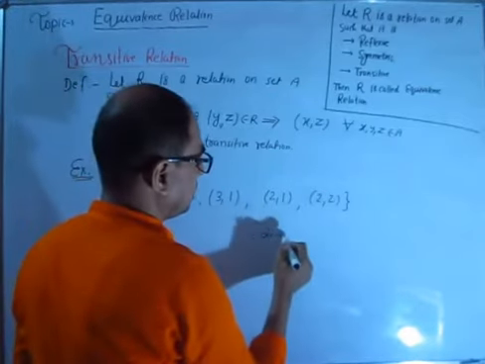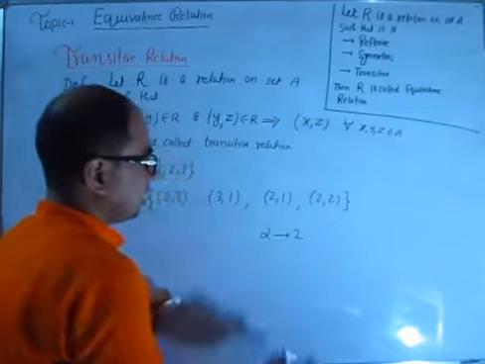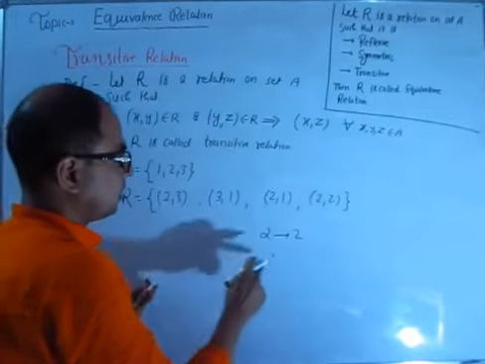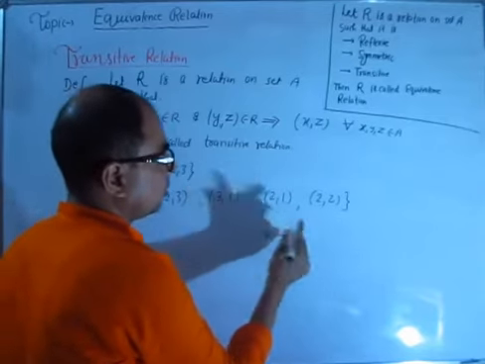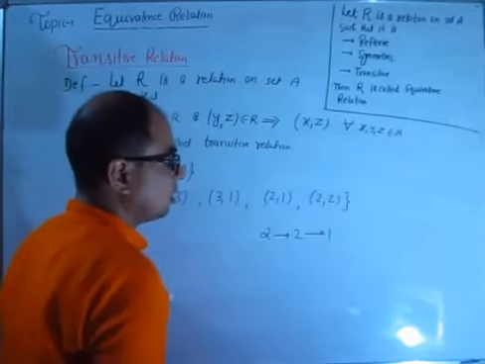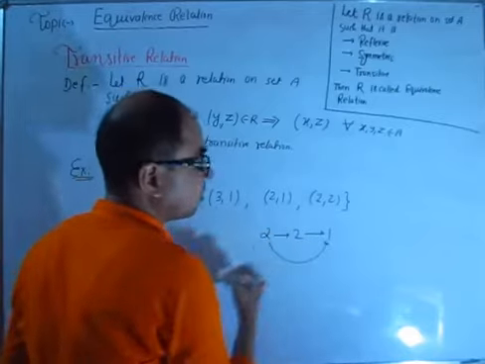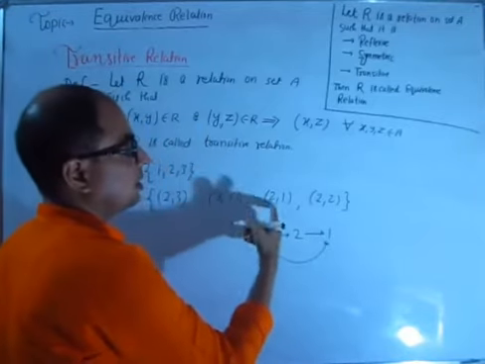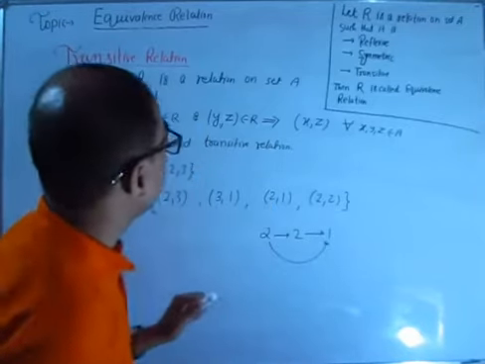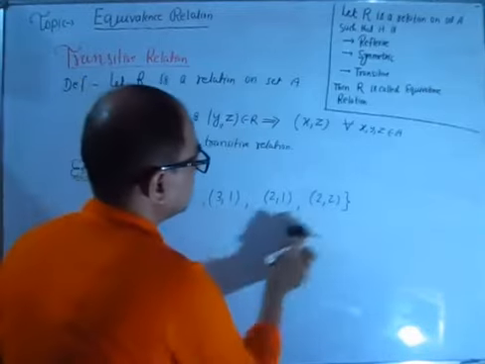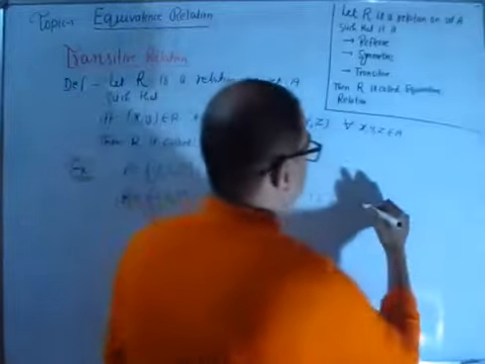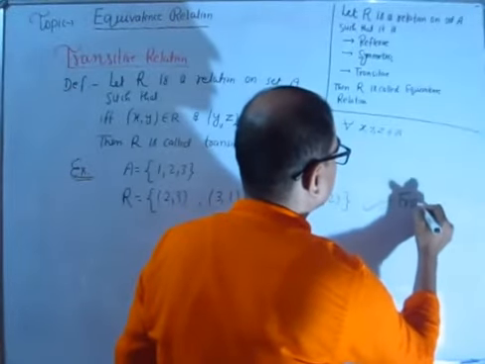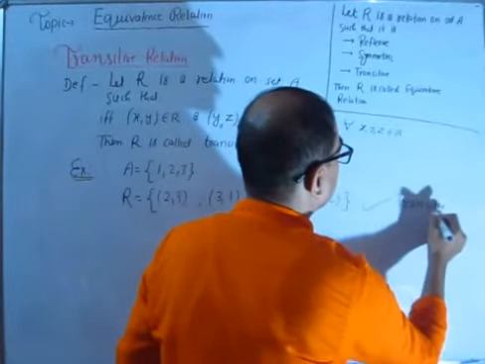Here 2 is related to 2. Is there any situation where 2 is related with any other element? Yes, 2 is related to 1, so 2 must be related to 1. Here it is given. It means this relation satisfies the condition of transitivity. So this is a transitive relation.